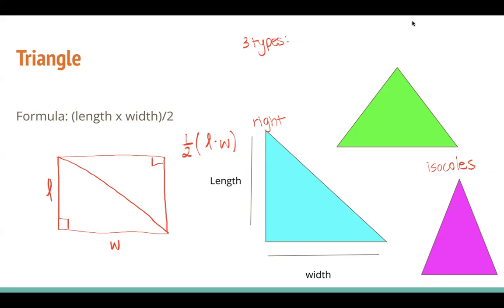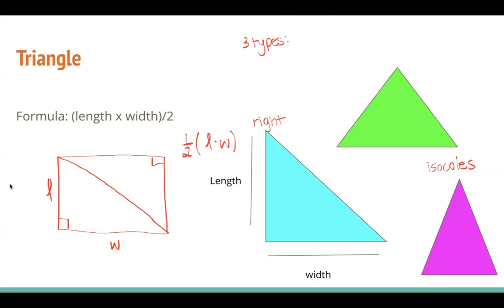We've gone over this before? Yeah, in school. Okay. Isosceles triangle, equilateral triangle.